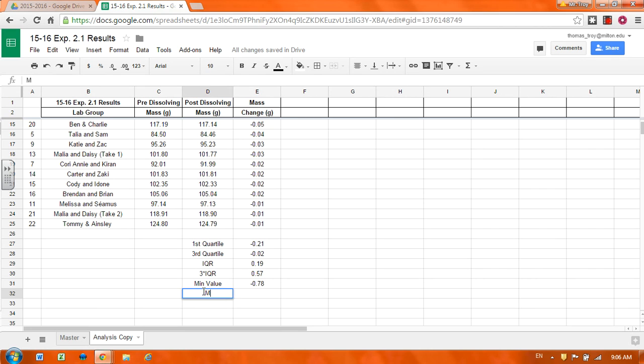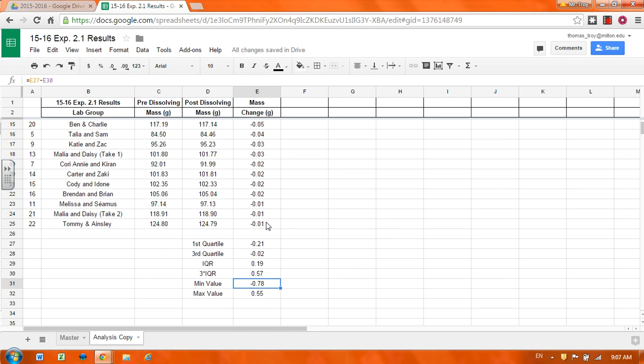And the maximum value that we will have faith in would be equal to the third quartile plus 3 times the interquartile range. So this means that any mass change less than negative 0.78 grams, we're not going to have faith in. And any mass change greater than 0.55 grams, we will not have faith in.